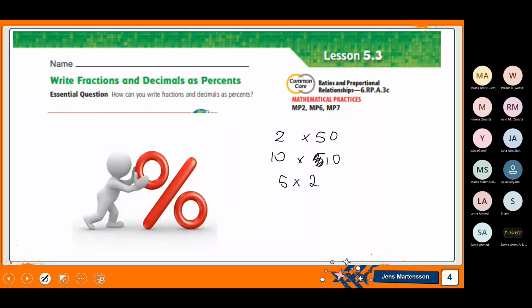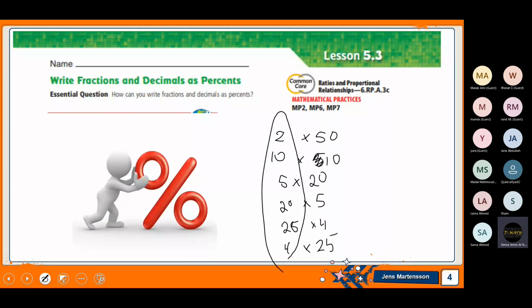If it is 20, multiply it by 5. If it is 25, multiply it by 4. And if it is 4, multiply it by 25. So if the denominator is one of these factors, 2, 10, 5, 20, 25, 4, you can write the fraction as a percent. And if they are not one of them, we will have another way. We will talk about it later.